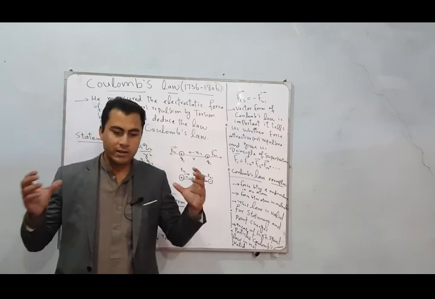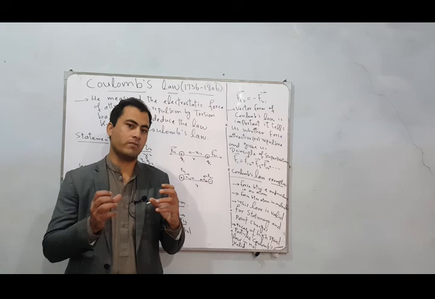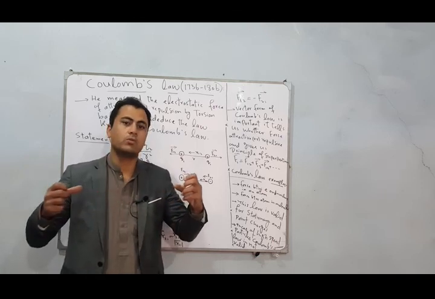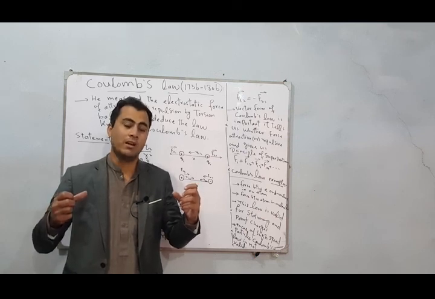Similarly, if you decrease the distance between two charges, then the electrostatic force of attraction or repulsion between them increases, and if you increase the distance between two charges, then the force decreases.